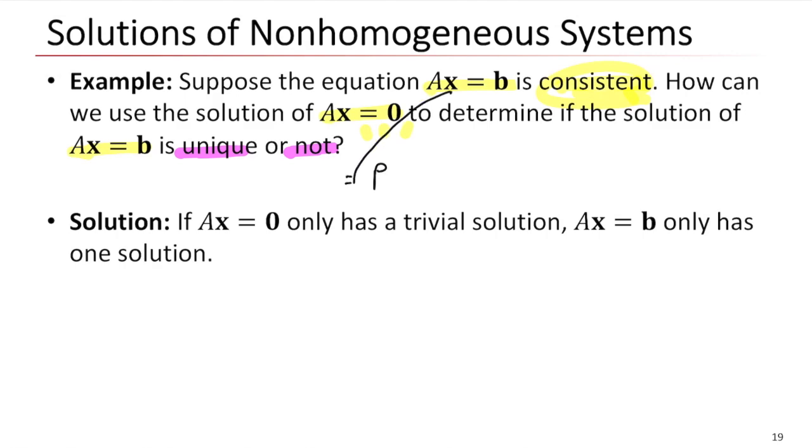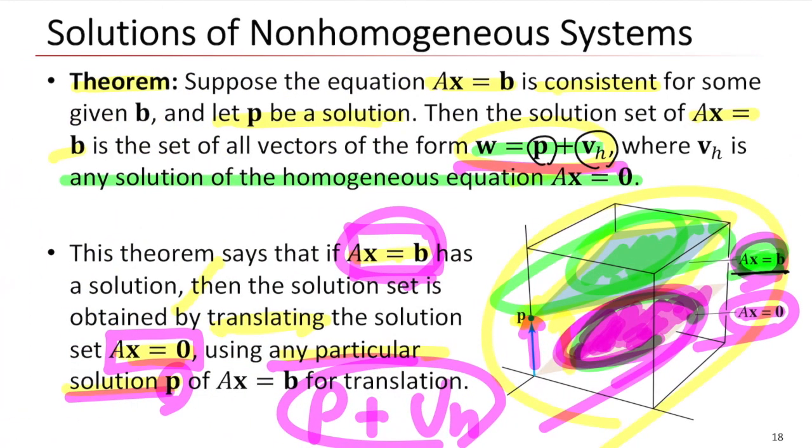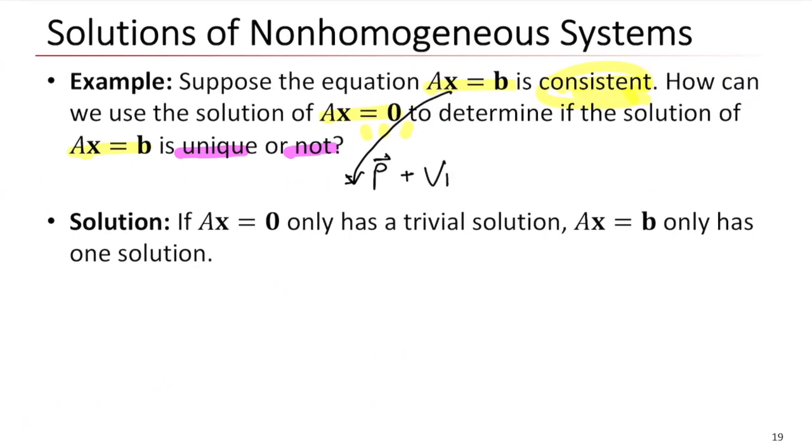Let's say the solution of the non-homogeneous case is a particular vector p plus a linear combination of some vectors that satisfy the homogeneous equation, let's say vh. So how can we determine if the solution of Ax = b is unique or not?